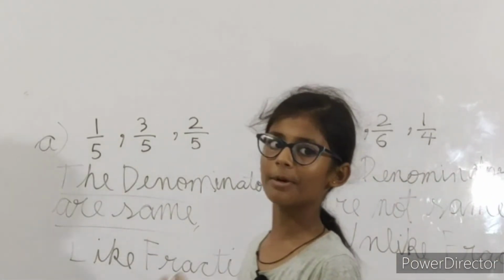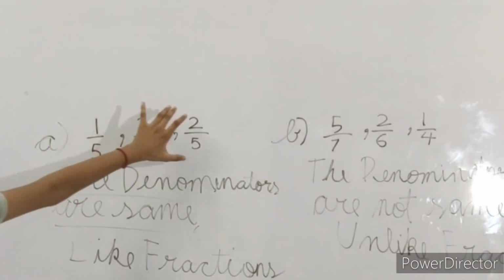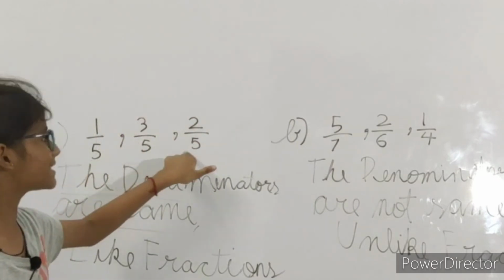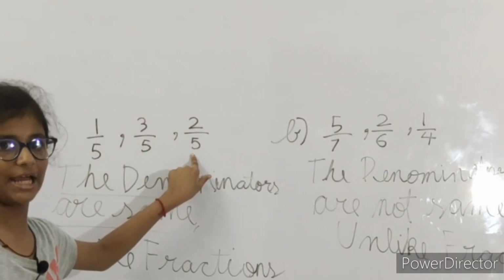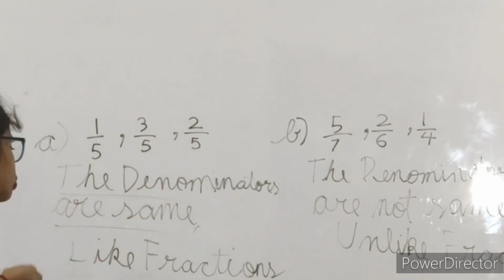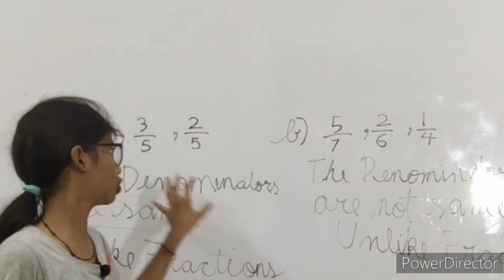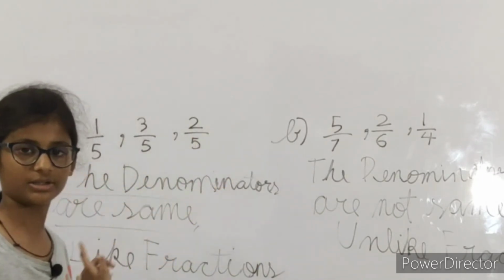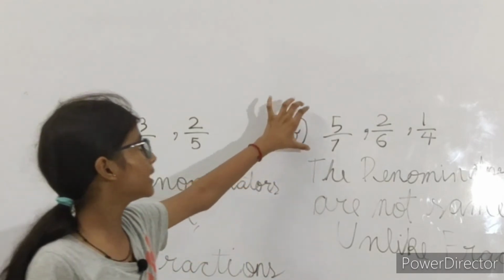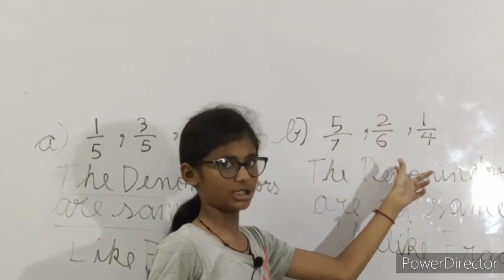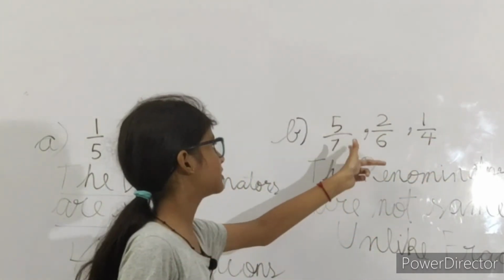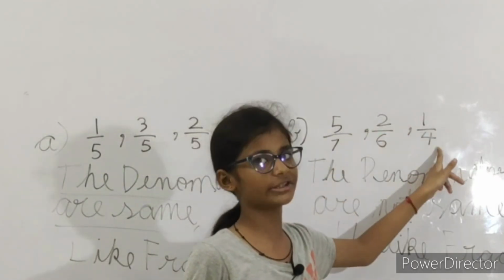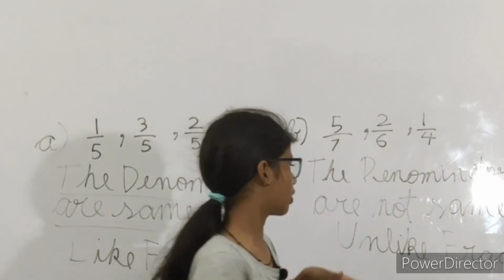This group had their denominators same, which is 5. It was common in all of them. So this group of fractions are called like fractions. But in this group the denominators were not same. The first one is 7, then the second one is 6, and then the third one is 4. So they are called unlike fractions.